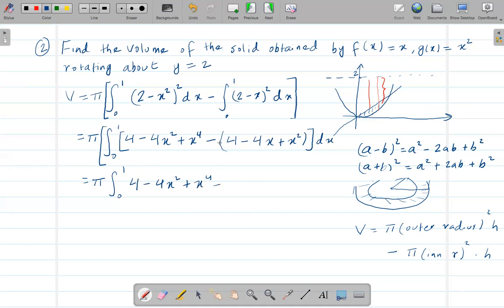This will be minus, this will be plus, and again this will be minus x squared and dx, right? So it's basically lots of algebra. I might skip a few things here. This is gone, this is gone. If you combine all of these like terms, you'll be getting x to the power 4 minus 5x squared plus 4x.